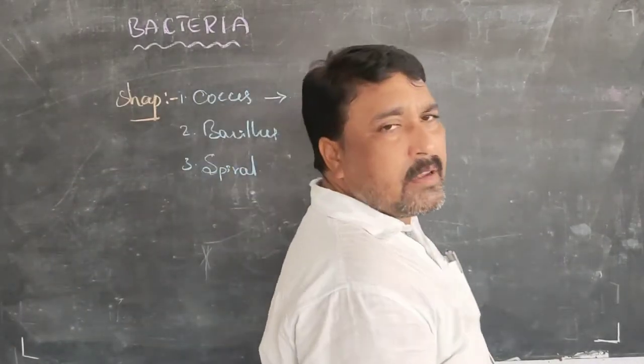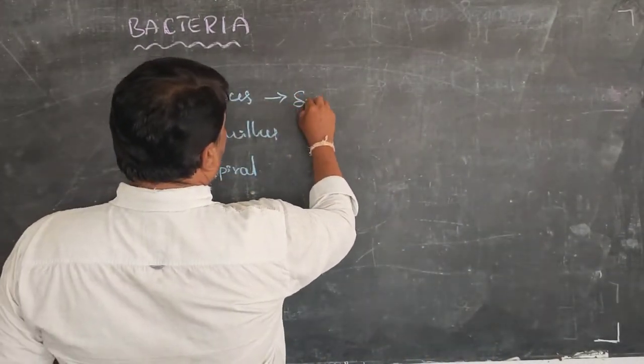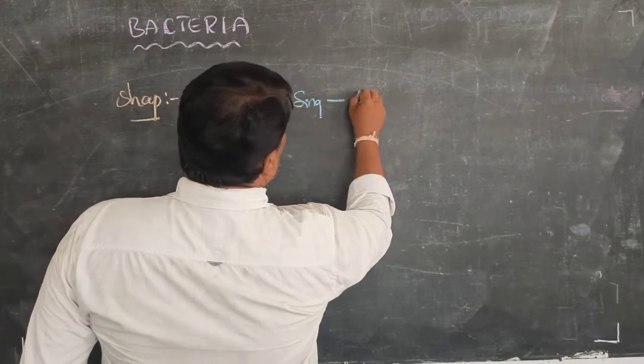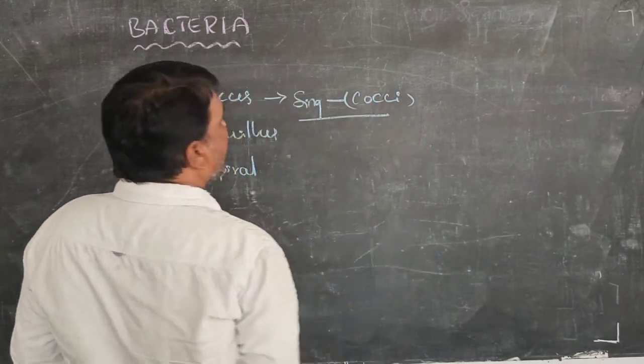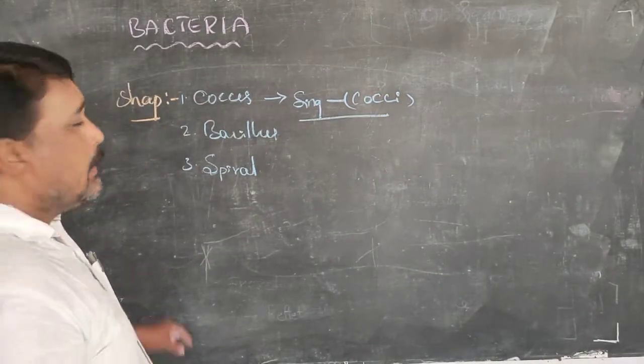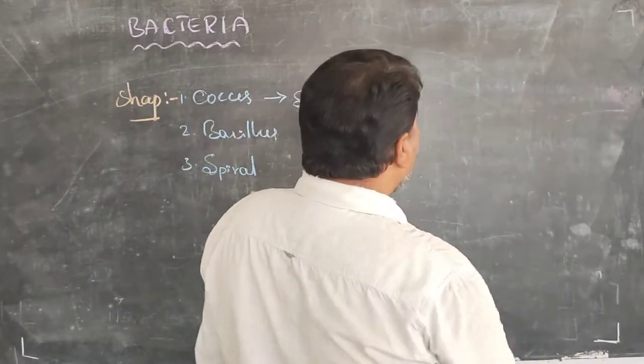The singular form of coccus is cocci. This type of bacteria has a spherical shape.